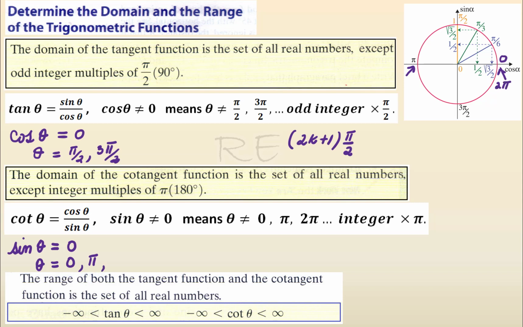Anytime you have an angle that is an integer multiple of pi, the cotangent function will not exist. So we need to avoid k pi, with k being an integer. Now the range of both tangent and cotangent is the set of all real numbers.